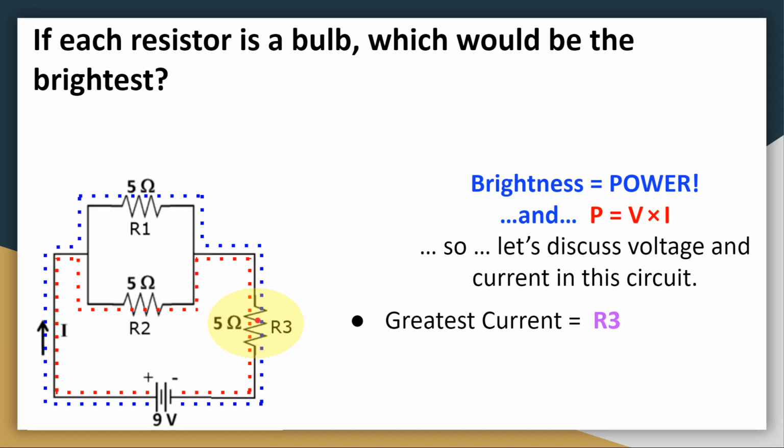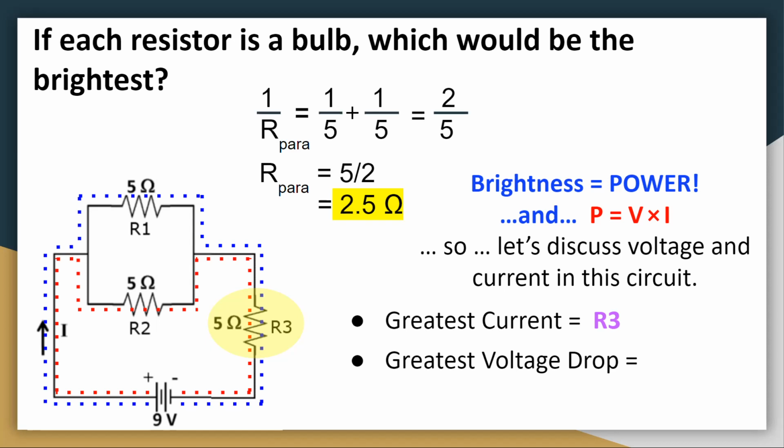I also know that my greatest voltage drop will occur where I have the most resistance. Each of these resistors has the same actual resistance rating for the bulb. However, when we're analyzing it, we need to look at the total resistance of the parallel section, because that's what's going to determine the voltage drop in that section.